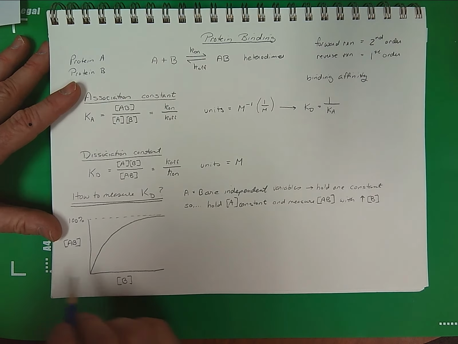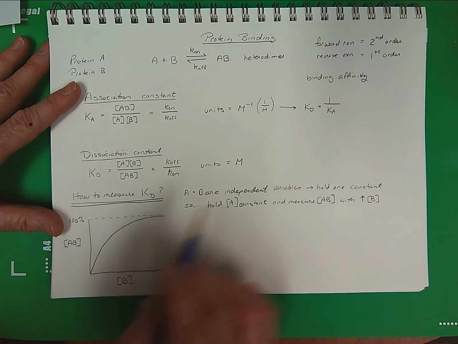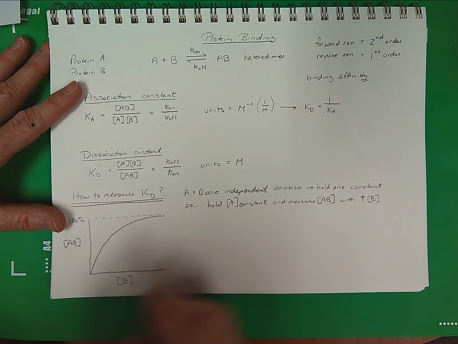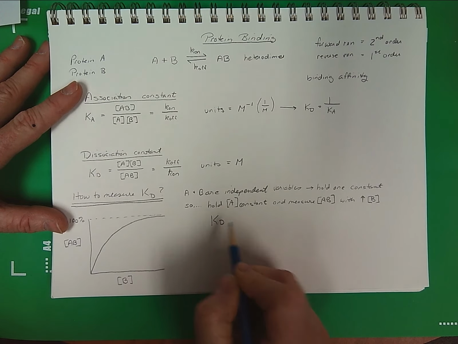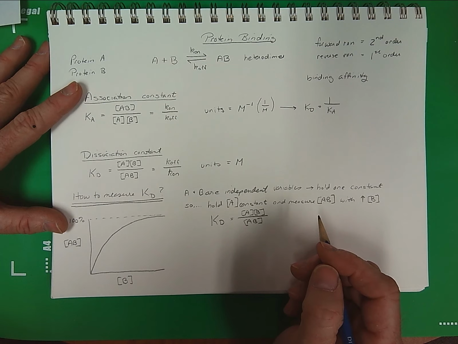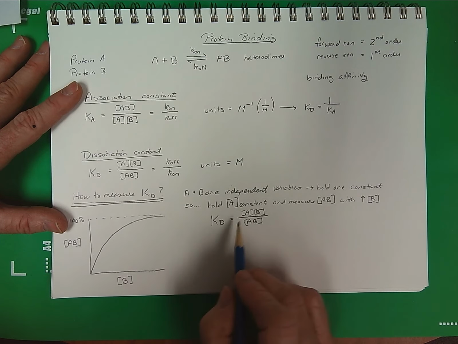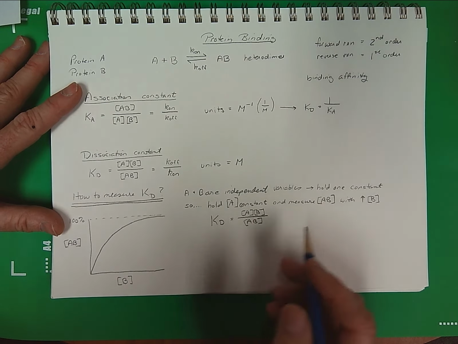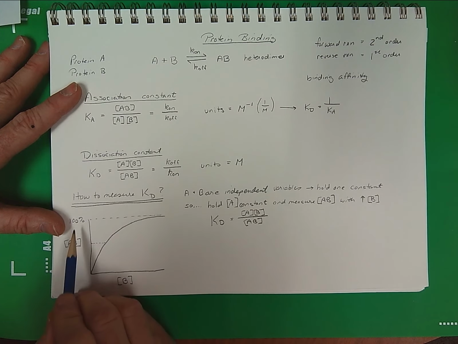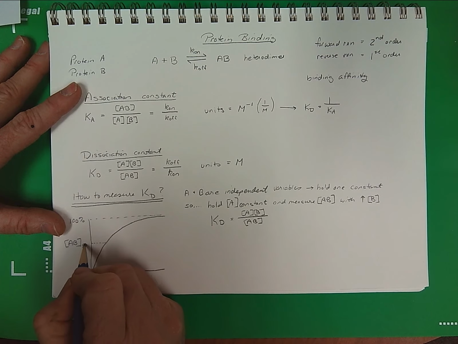Now, how do we interpret this data to get our dissociation constant? Well, let's go back to our equation of Kd, which is equal to the concentration of A times the concentration of B over the product AB. And let's look at this from this standpoint. Now, if we look at the 50% point here, which is 50% formation of AB.